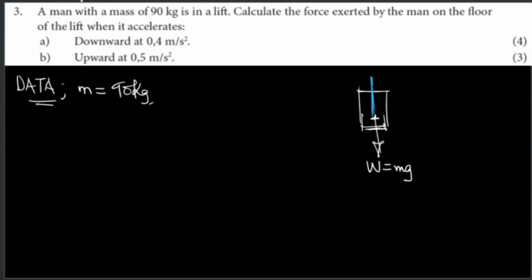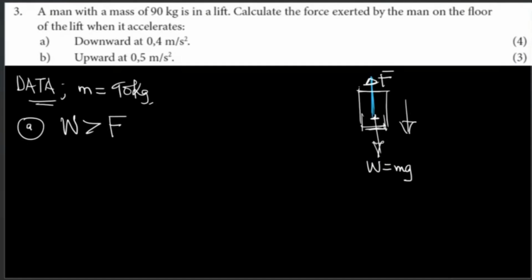Say you have a reaction here, it is F. Now for the first question, they said when it accelerates downwards. So for downward acceleration, for this lift to go downward, the weight must be more than the reaction, which is the force.